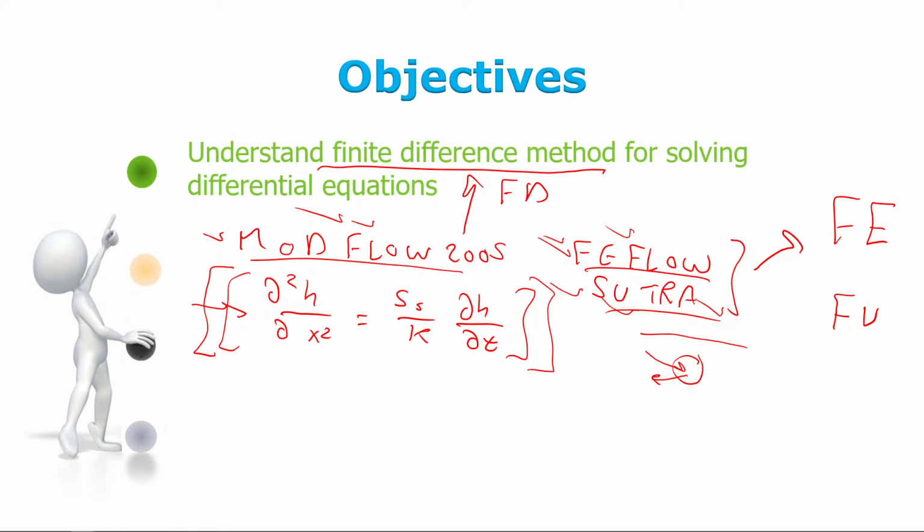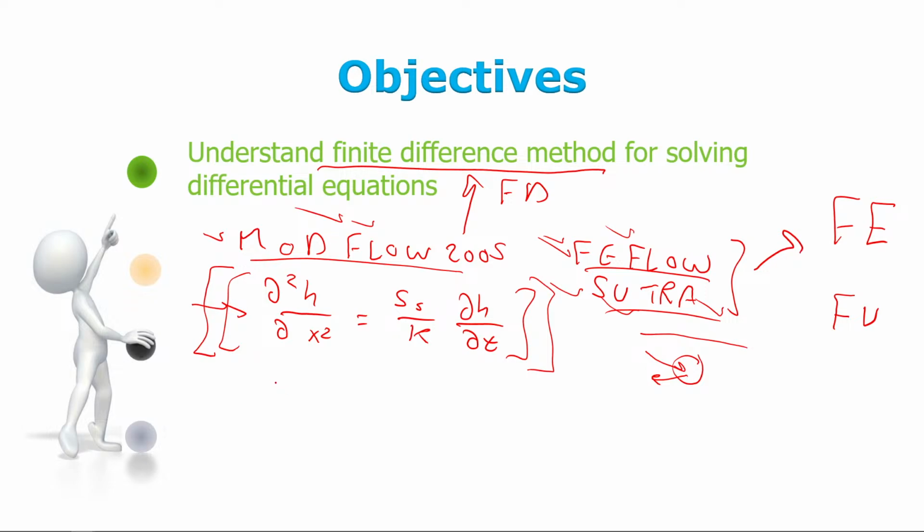MODFLOW or FEFLOW or SUTRA does not have these types of things. So in that case, I didn't even use the differential equation solver of MATLAB. I actually had my own numerical method, and I solved it by myself.